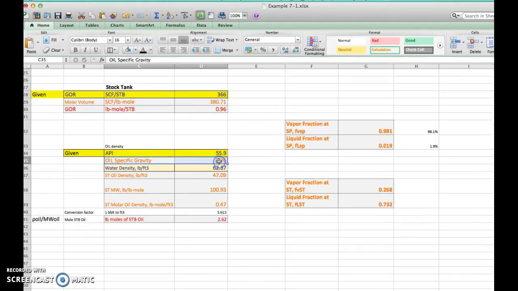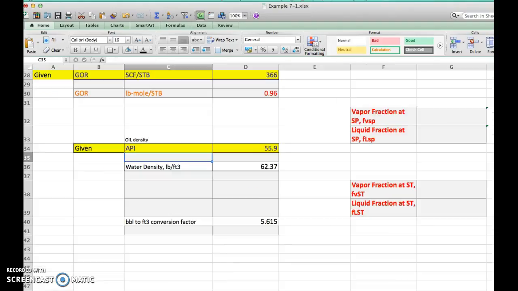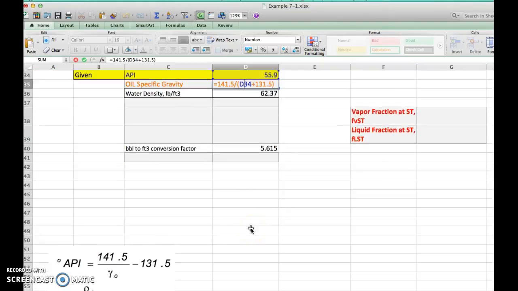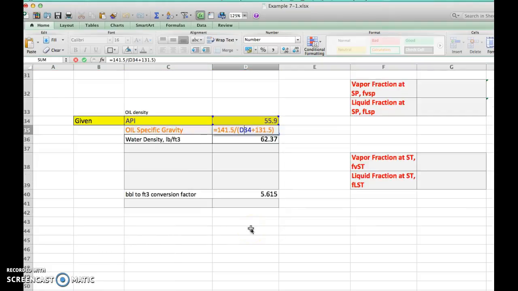So oil specific gravity, using the same formula that I showed you here, I will calculate it. And since I have water density at the standard condition, I could calculate the oil density in pound per cubic feet.